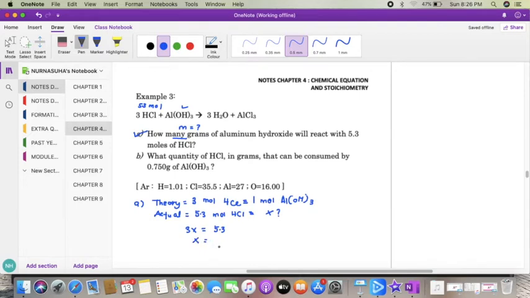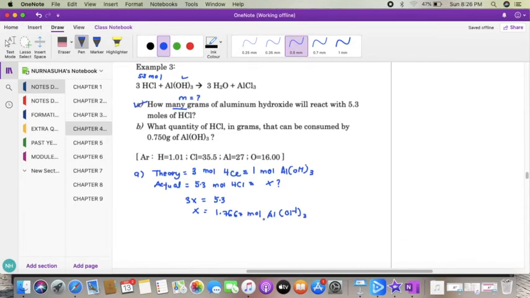X, you should get 1.7667 mole of aluminium hydroxide. Okay, but wait. Tak habis lagi. Soalan tanya, how many grams? Therefore, we need to convert mole into mass.